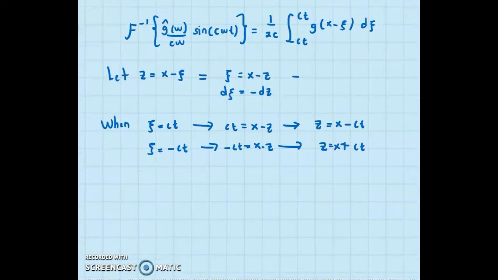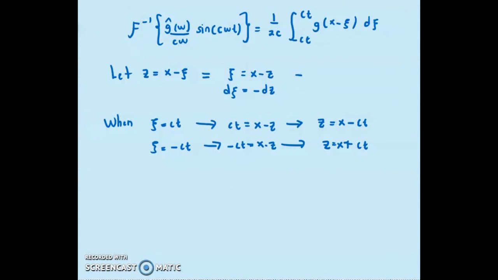Having all this transformation, I can write the Fourier inverse of g hat omega over c times sine c omega t over omega as 1 over 2c.